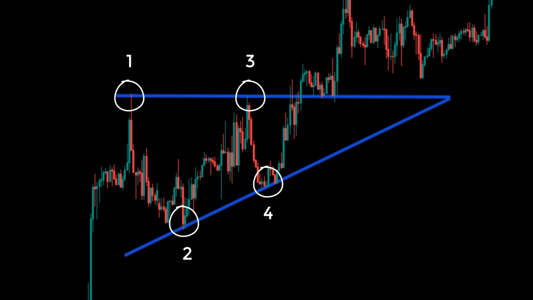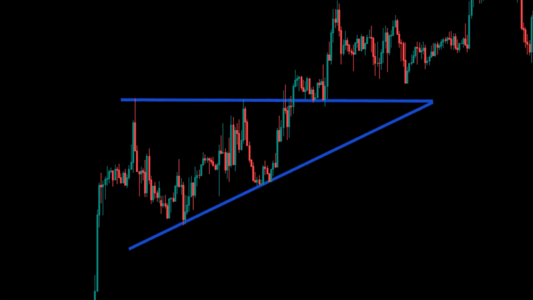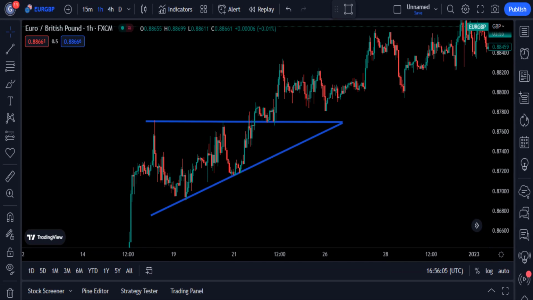The more price touches the trend lines, the better the pattern. But you need to take into consideration the next factor, which is that quality triangles don't get to the apex before a breakout occurs. So you want to see the market fill around 70% or 2/3 of the triangle, but not get to the apex of it.